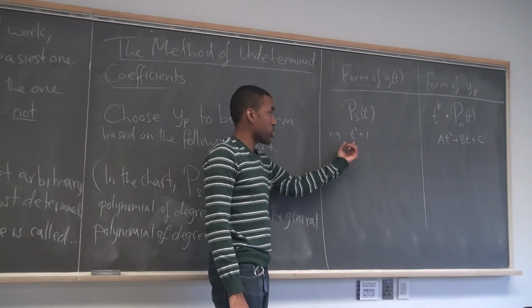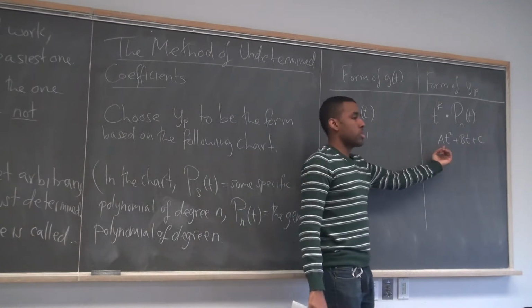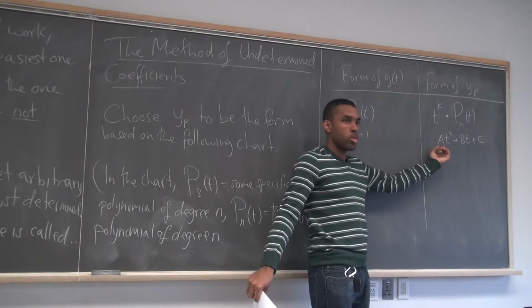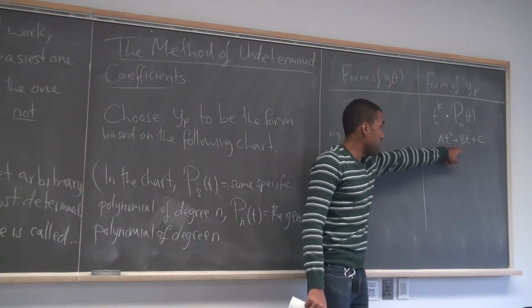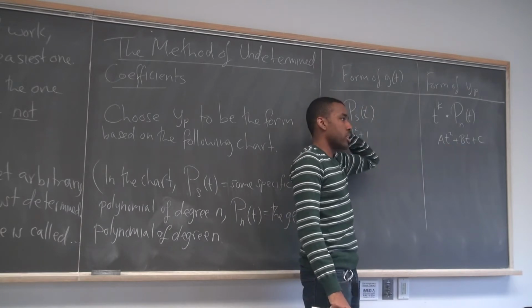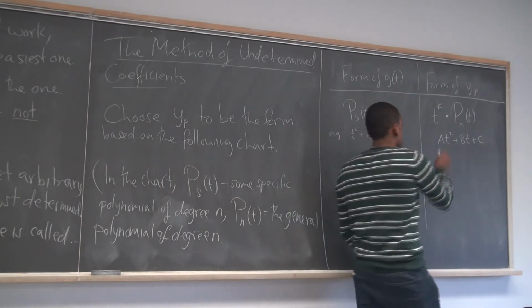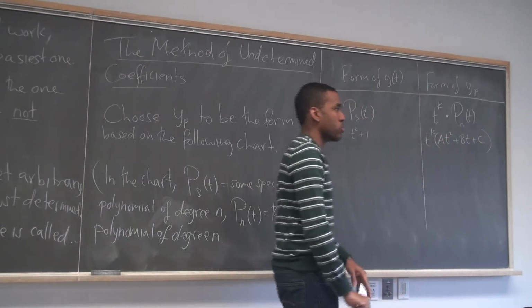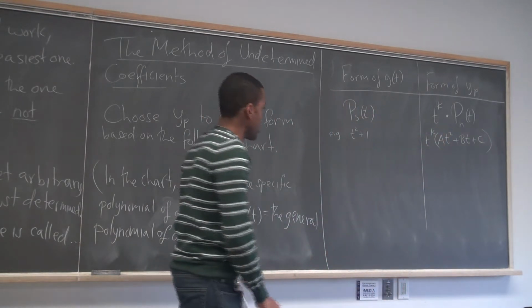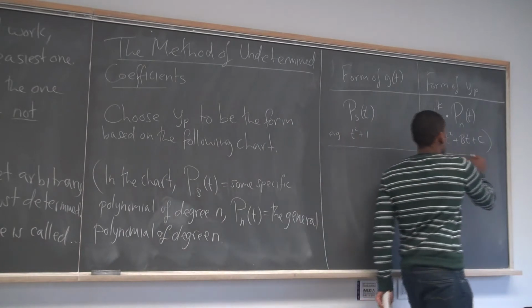The form I'm going to assume for yp is the general second degree polynomial. Now if any one of these terms happens to be in the homogeneous solution, what we're going to do to fix that is multiply by t a certain number of times until we get rid of that similarity. So that's the first case.